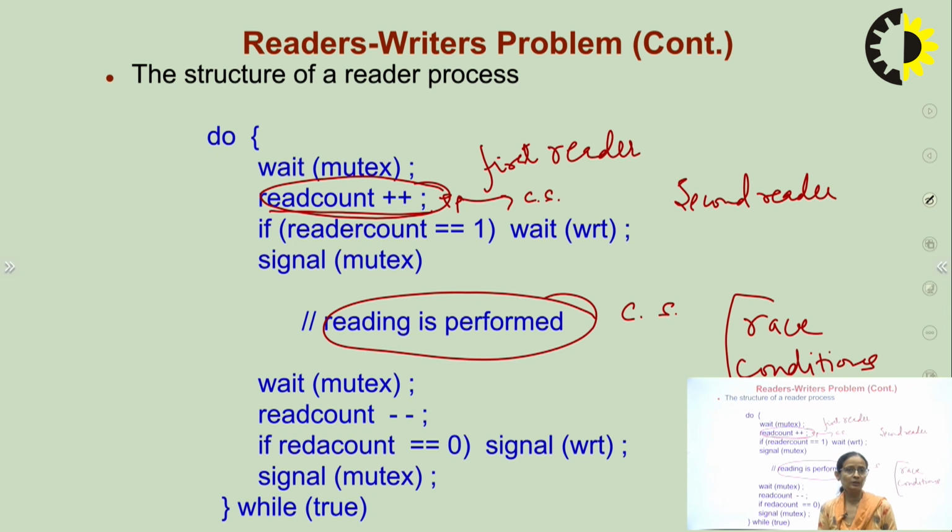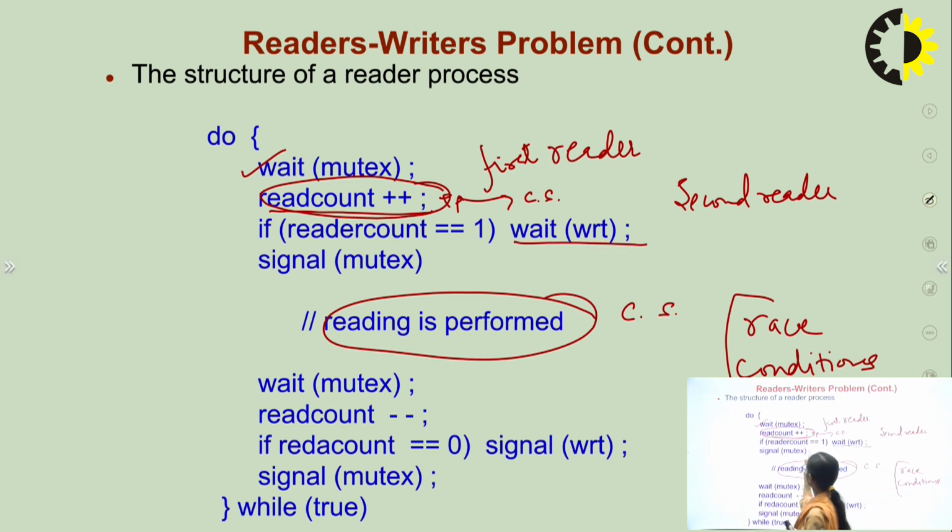Since we need to synchronize the actions, we use this wait mutex. First, we go for the wait mutex. It will do read count plus plus, and after that, if read count is equal to 1, we go for this operation. What is happening here?